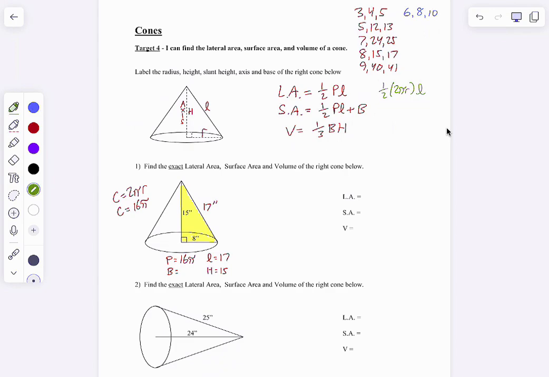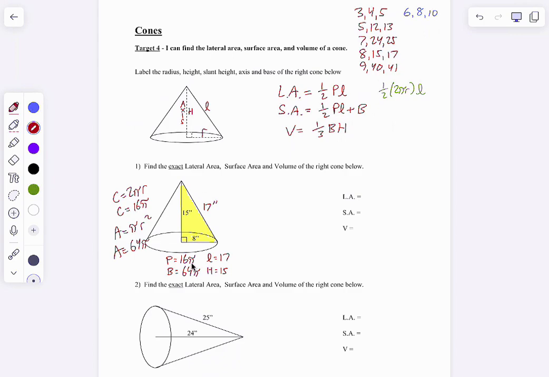Okay, and then B is area of the base. The area formula for a circle is pi r squared. And so in this case, I'm doing pi times 8 squared, which is 64 pi. Now that 64 pi is in square inches.